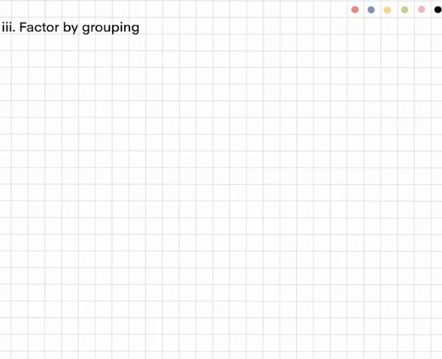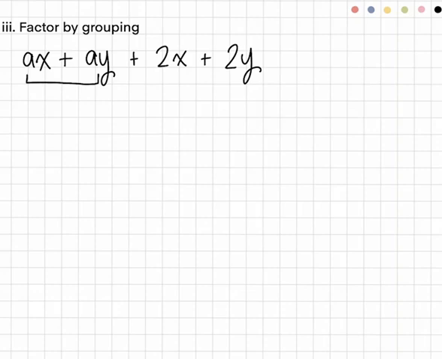Let's say we have, let's not work with any numbers just yet. Well, we'll work with some small numbers. Maybe it'll help you see it better. So when we factor by grouping, we're going to group terms together that have a common factor. So I see that I have a common factor here, and that's a.